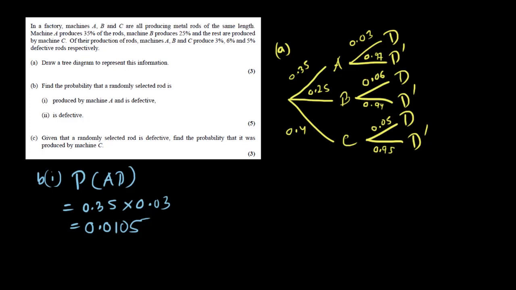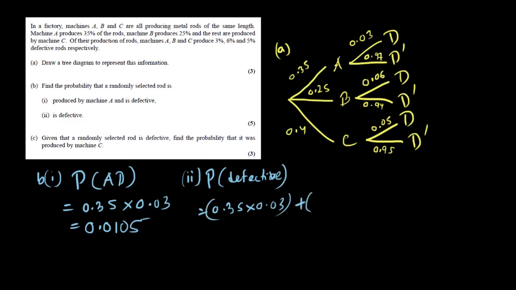Now the next one, this is a very common question: find the probability that the object would be defective. So the object can be defective in 3 ways. It can be produced by machine A and then be defective, so in that case it would be 0.35 multiplied by 0.03, which we just calculated. Or it can be produced by machine B and be defective.